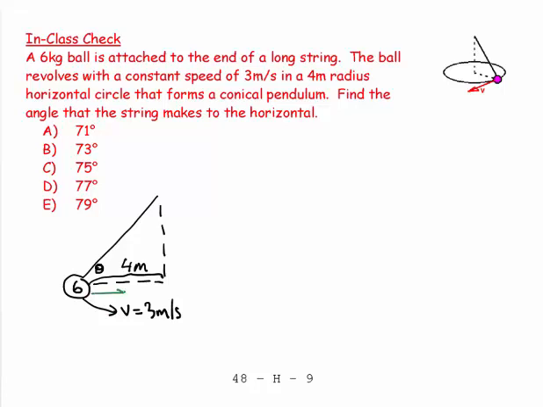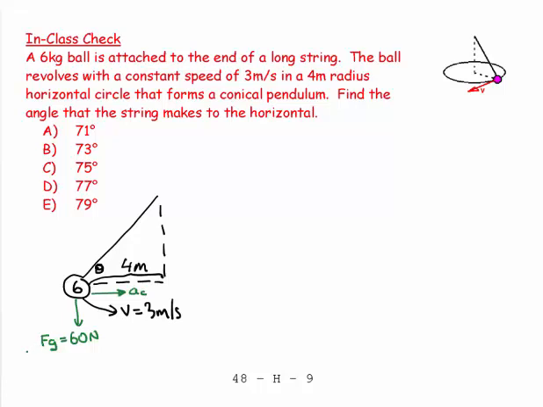There's a centripetal acceleration which points towards the middle of the circle, not along the string. We have a weight which is 60 newtons. There's my Fg. There is no normal force.